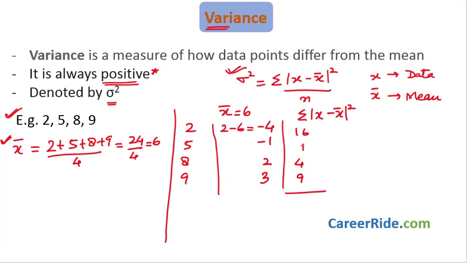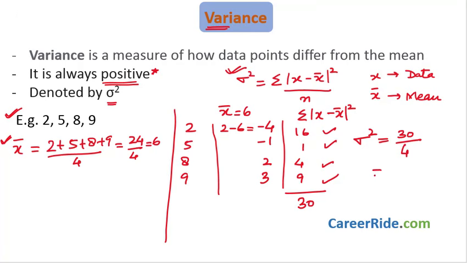This is equal to 30. So from here, what is the value of sigma square, that is variance? This comes out to be 30 divided by the number of observations. I have 4 observations: 1, 2, 3 and 4. So divided by 4.